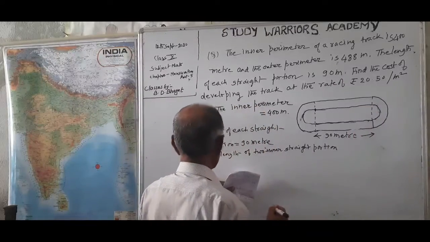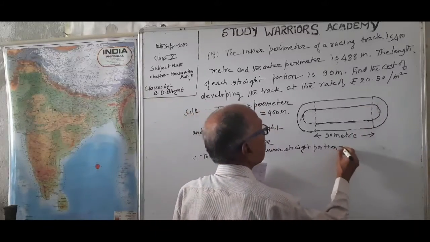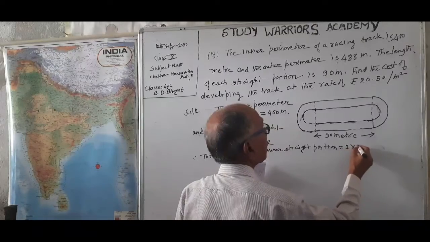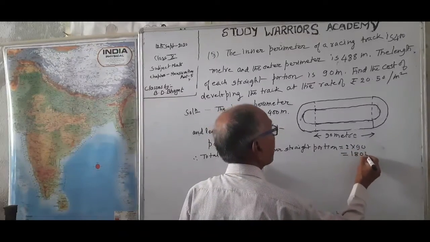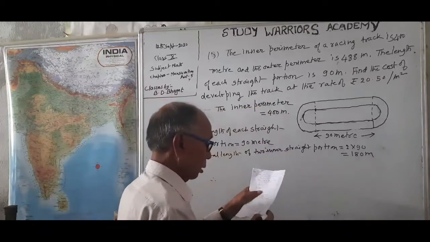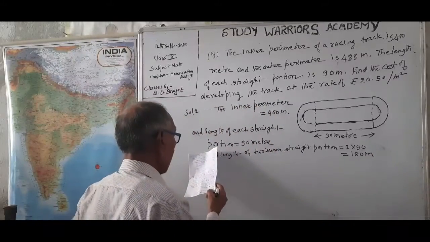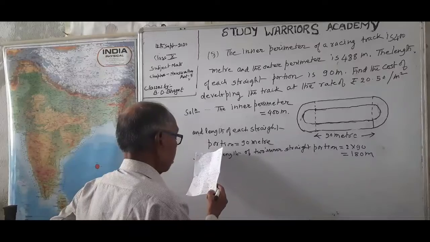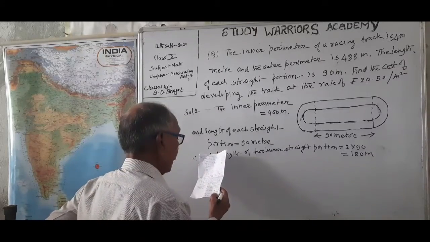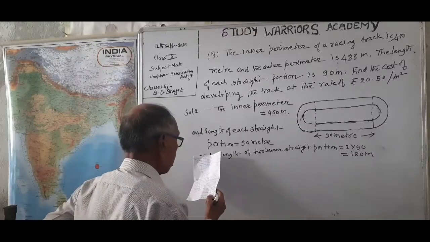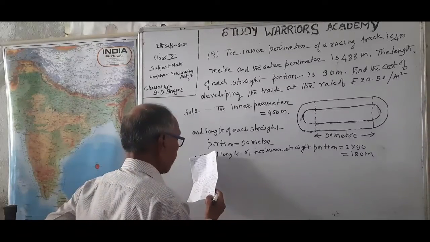There are two straight inner portions, equal to 2 into 90 is equal to 180 meter. Right? So 180 meter.